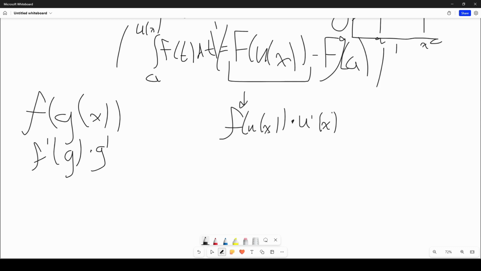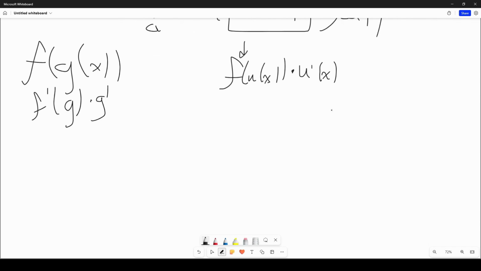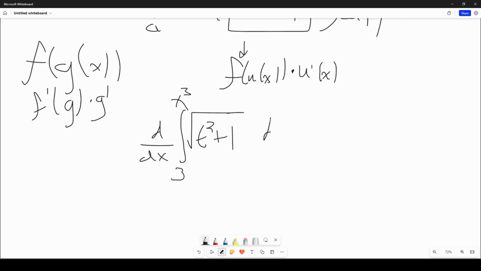Okay, so let's see that in action. What if I had d dx of the integral from 3 to x cubed of, let's say, square root of t squared plus 1 dt. So x cubed is kind of equal to our u here, right?